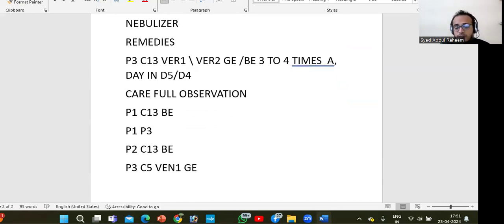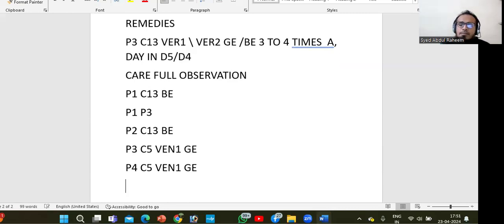Or sometimes, if the patient is an older person, you need P4: P4, C5, Word 1, G. And other remedies we can add: S1W, meaning it improves the immunity.